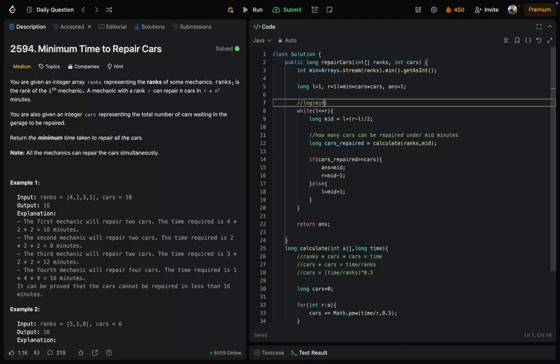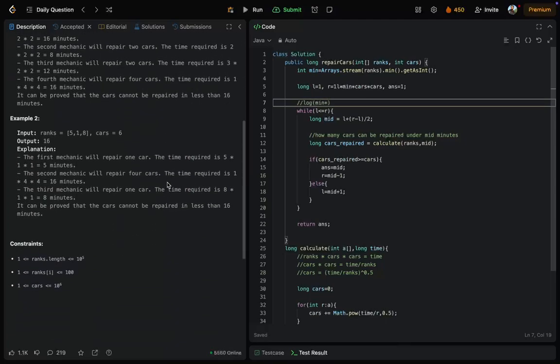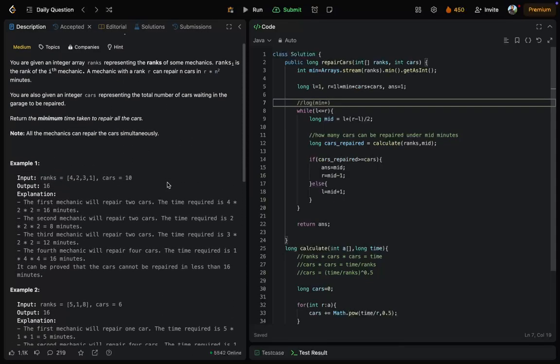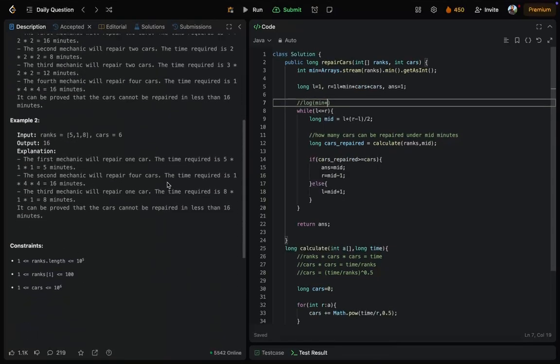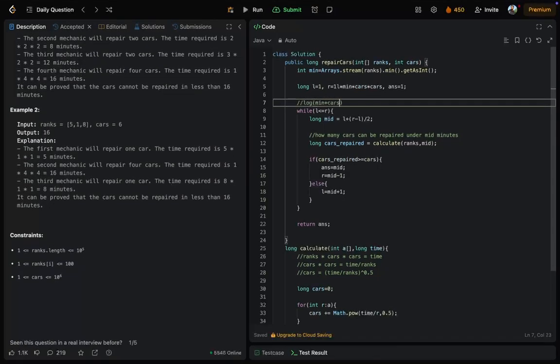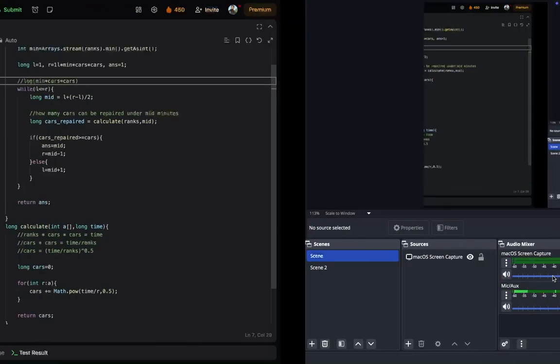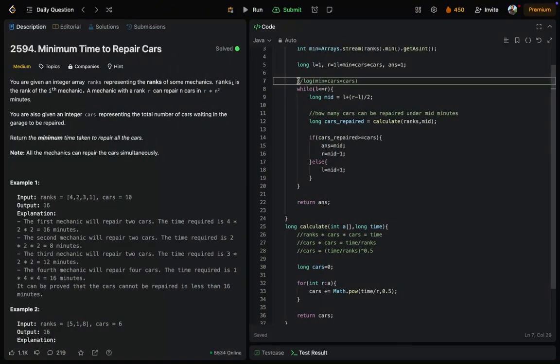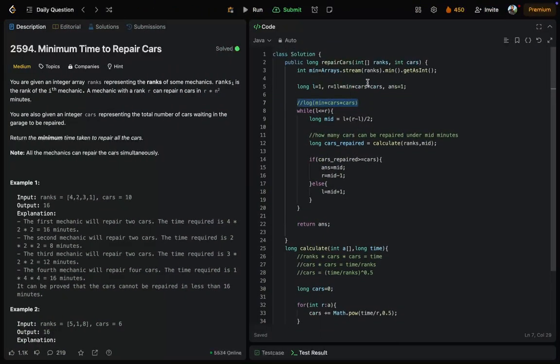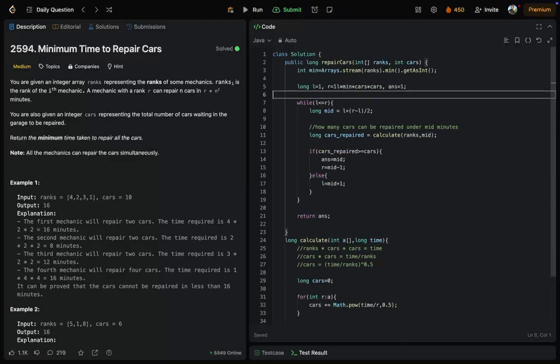Upper bound is minimum multiply rank, minimum multiply cars, and inside this we have log of n. So that's about the time complexity. Space in this case is constant, space is order of 1 only, and that's all.